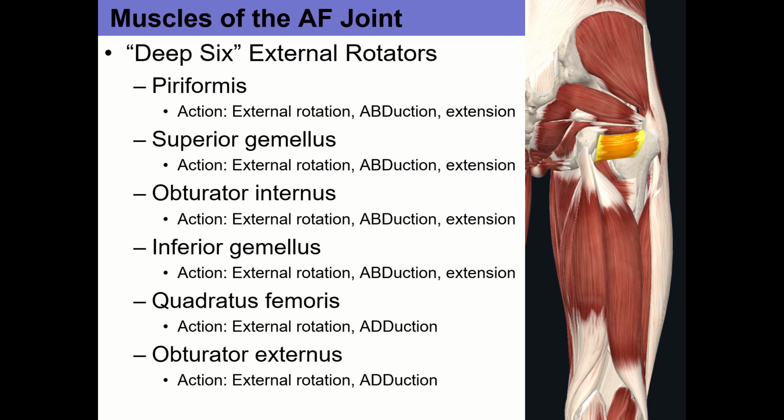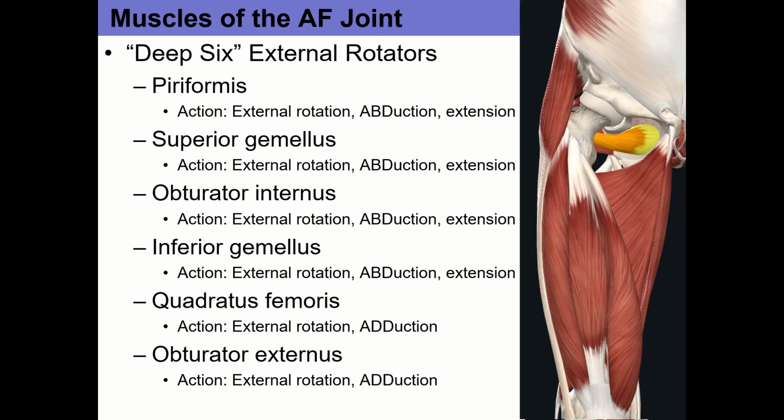And then the last one is our obturator externus. And you have to look at it from, so now you're going to get an anterior view. Obturator externus, I have to take off the hip flexors. So you've got to take off iliopsoas.